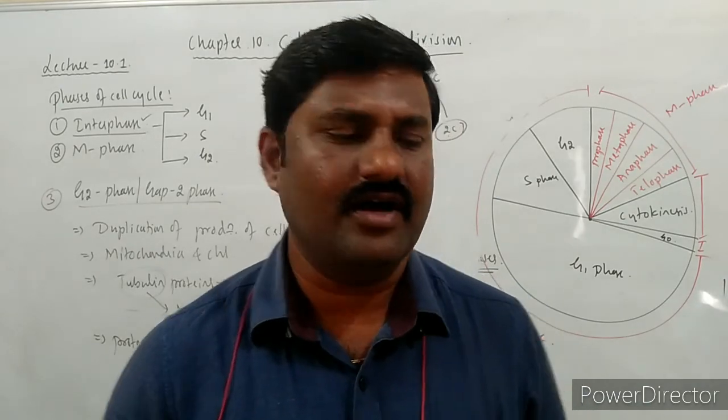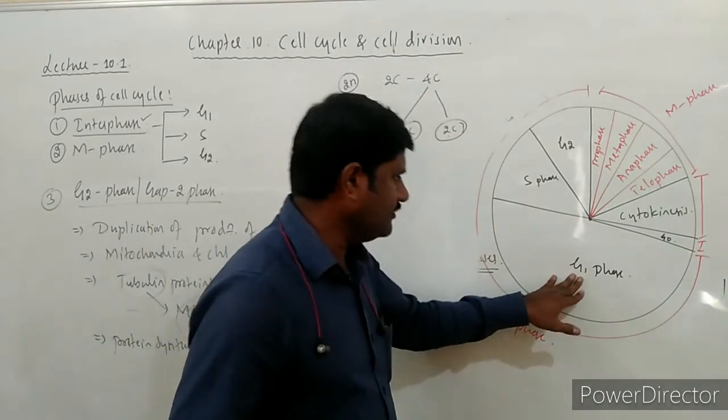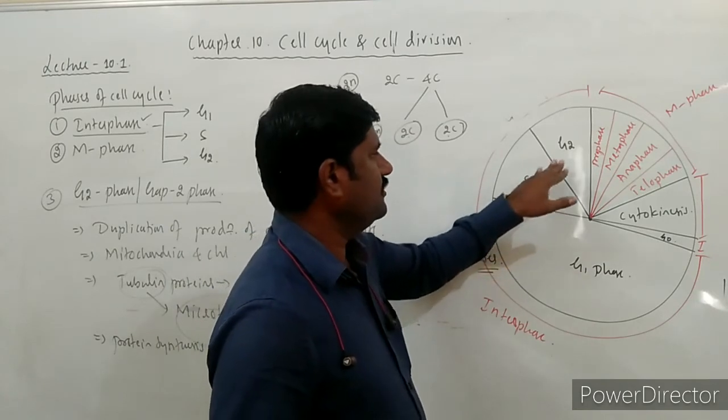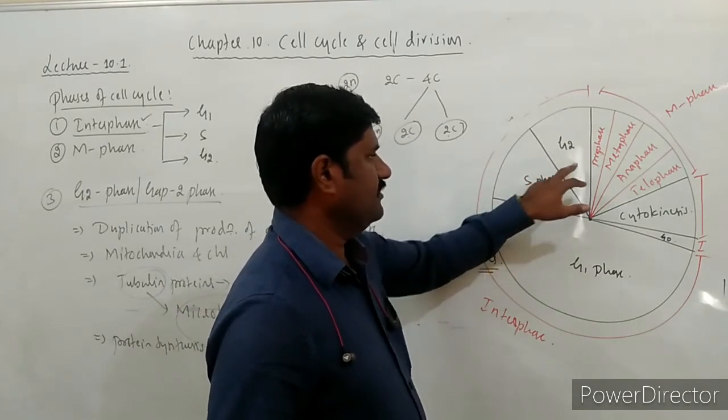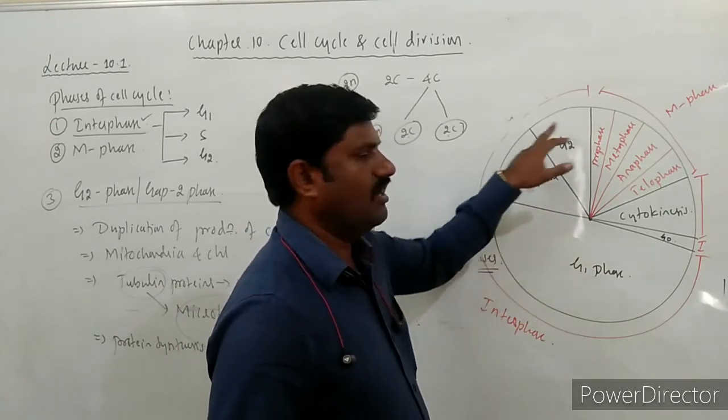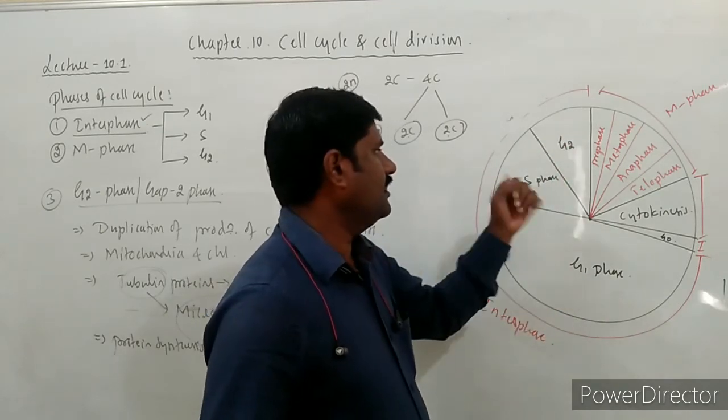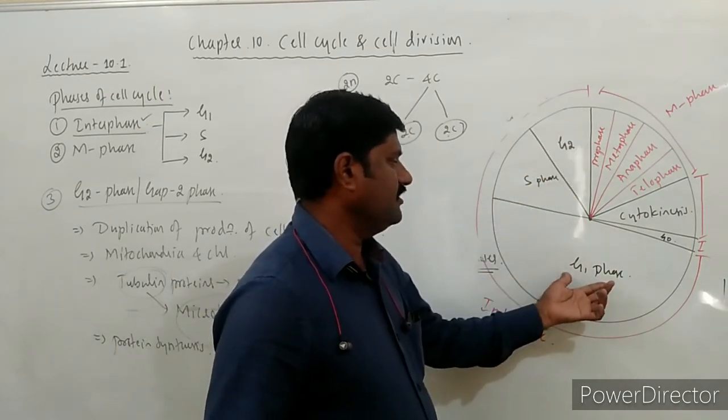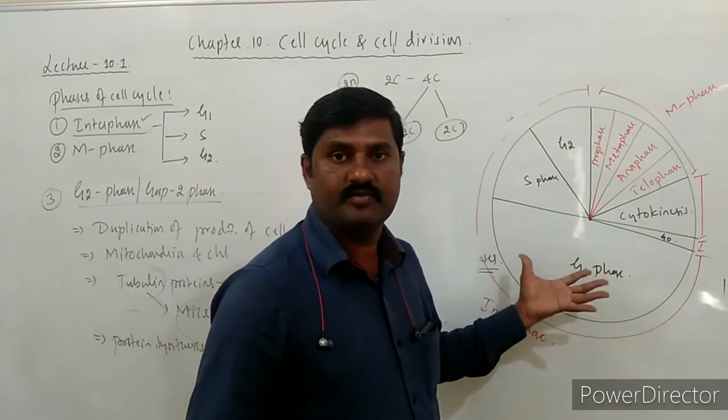So this is all about the G1 phase, the G2 phase, and the S phase. These three phases are long lasting, and in that the G1 phase takes the maximum time period.